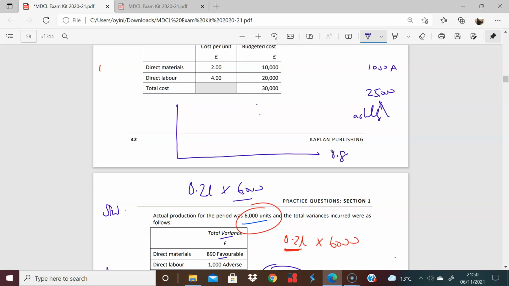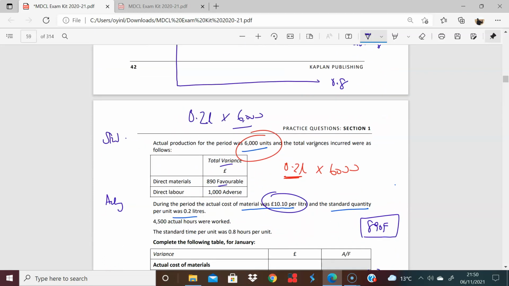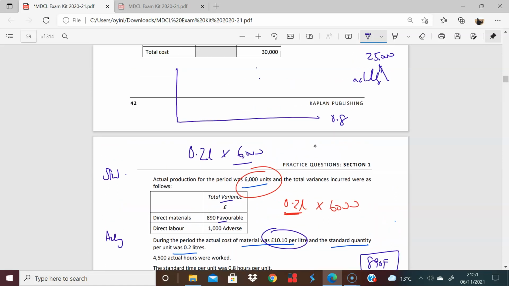Well, not sure where to start on this, but it says here that 4,500 hours were actually worked. So if you worked 4,500 hours, I can find how much each of those hours actually cost, right? I think that's the first thing. Well, there's a number of things. Let's do that. We can do all of them.